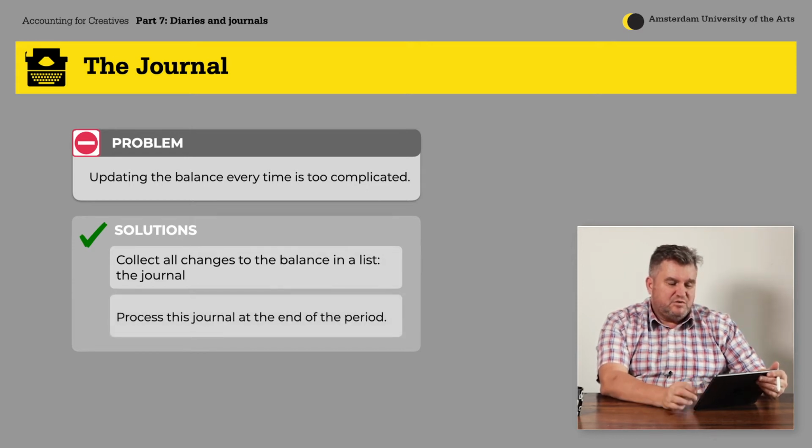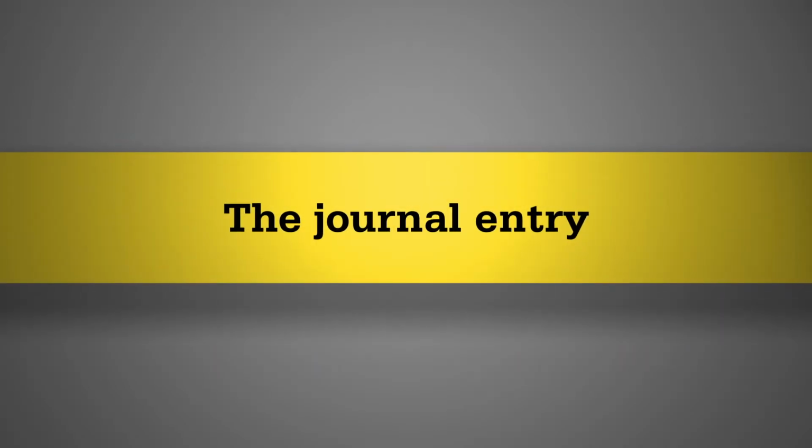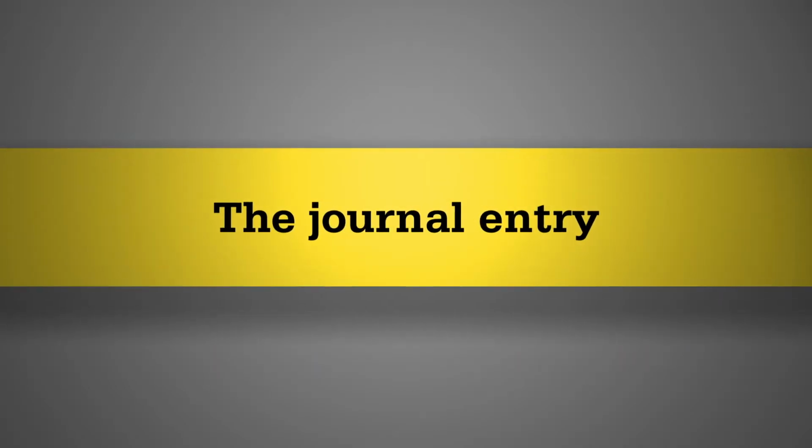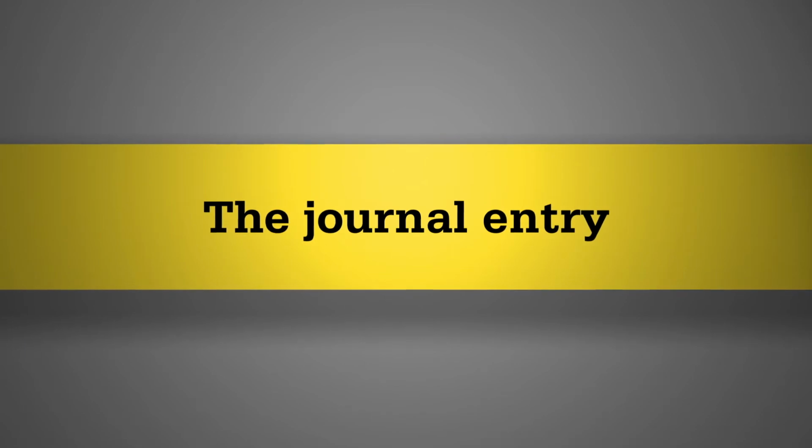Within this journal, we have what we call a journal entry, which represents one single financial fact. Within the journal we have several journal entries, and each entry represents a financial fact within the booking period.